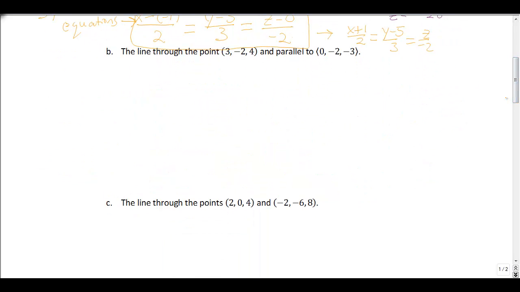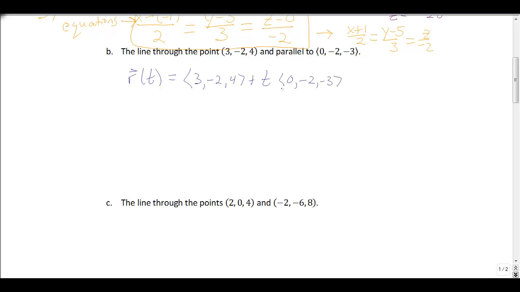Next question, we want to do the line through a point and parallel to this vector. Same setup as before. So the vector equation is going to be really r of t. I'm going to think of the point as a vector 3, negative 2, 4 plus t times the vector 0, negative 2, negative 3.